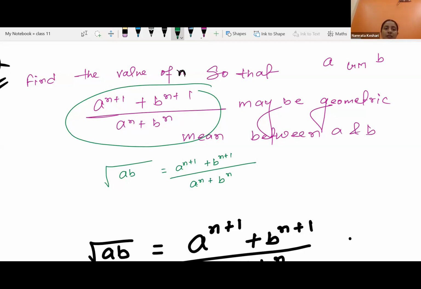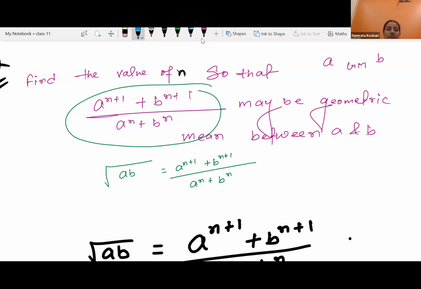But even if we observe it carefully, look at the right hand side over here. Whatever you do, no simplification is possible. If you try to take out anything common from the numerator, nothing is possible.